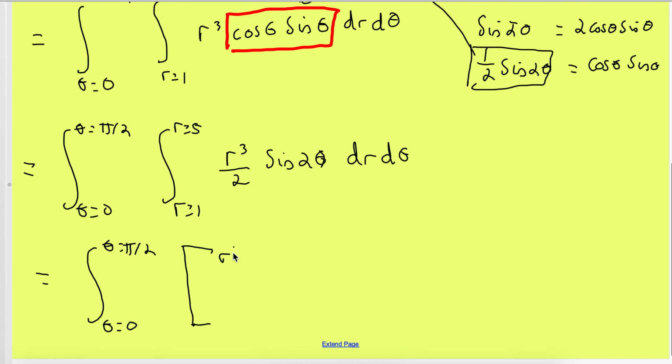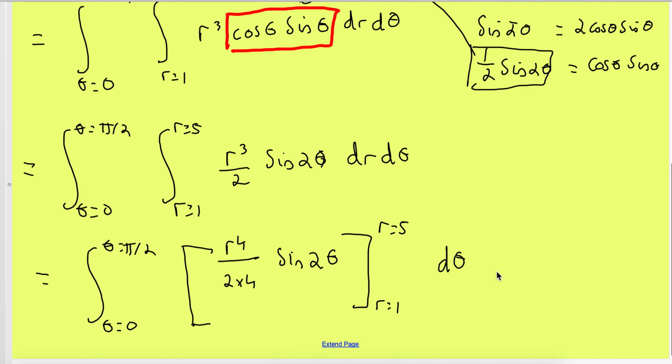So that's r to the power of 4 over 2 times 4, sine 2 theta, between r equals 1 and r equals 5, d theta.